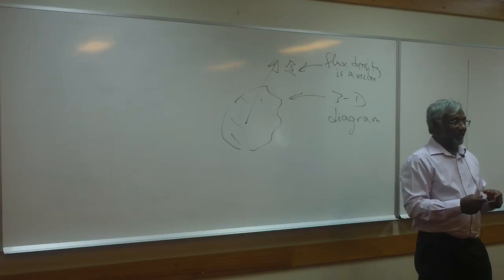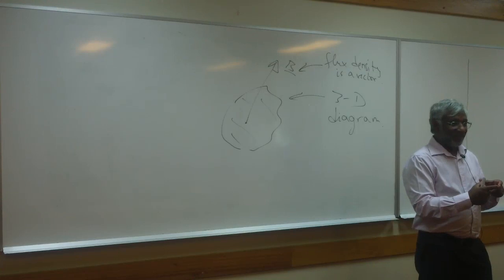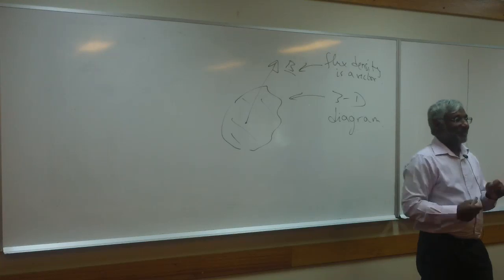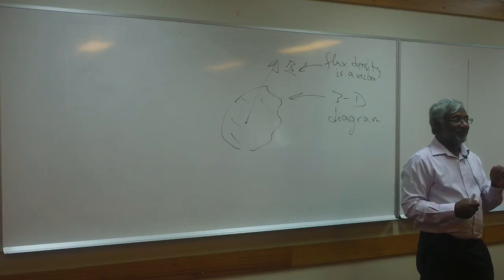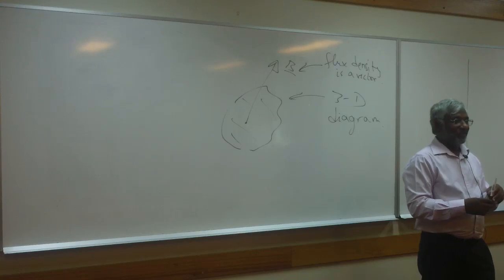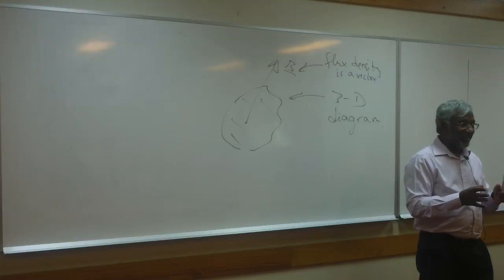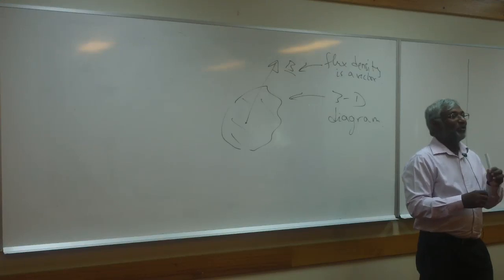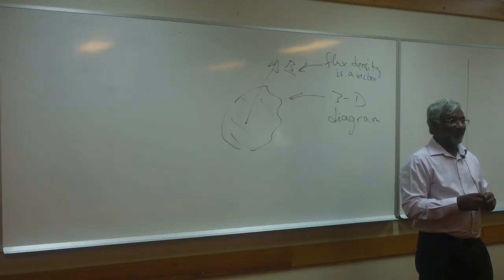Or if you look at a little bit of area, it's a vector that we could call A, vector A. And the direction of the vector representing area is normal to that area. Right?